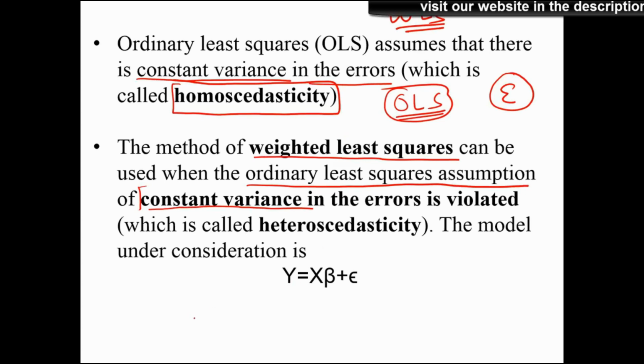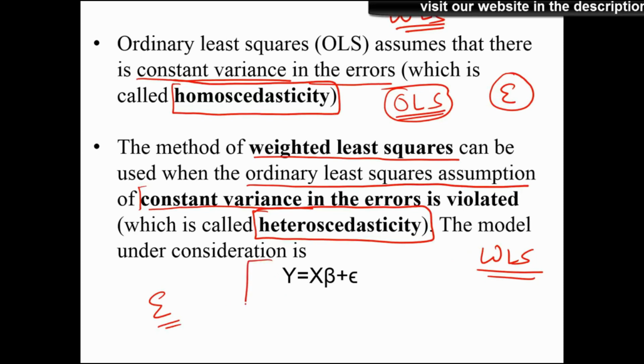Now the scenario when the error term is not homoscedastic, where it doesn't have a constant variance, we call heteroscedasticity. So whenever we have heteroscedasticity, we need to use WLS. Of course, there are other means of getting rid of heteroscedasticity and achieving homoscedasticity, but one way is using WLS instead of OLS.